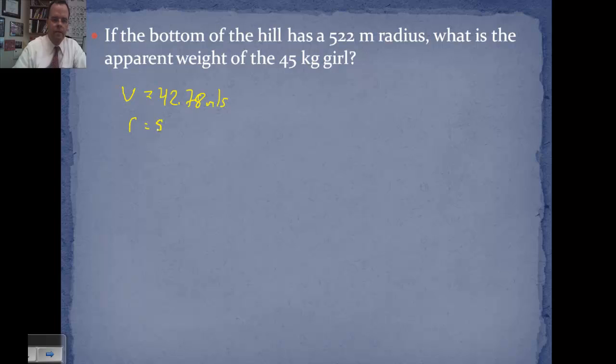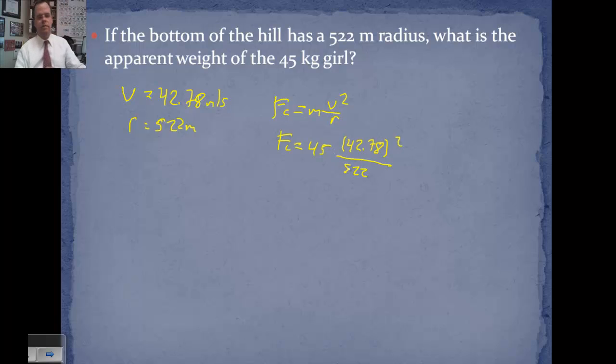We have a radius of 522 meters. So first thing we need to figure out is what is the centripetal force on this girl? So mass times v squared over r. So the centripetal force would be 45 times 42.78 squared divided by 522.